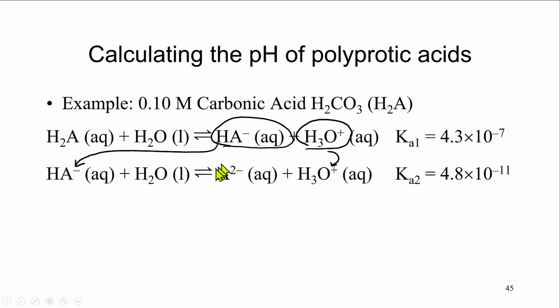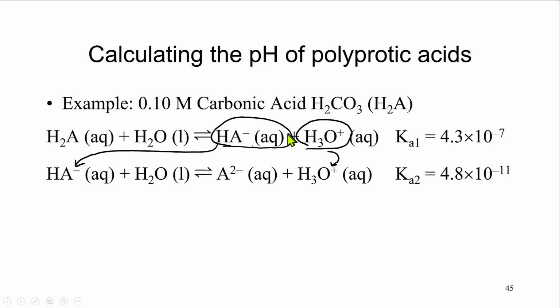In weak acid mixtures, we just started from a fresh ice table. Here, in a polyprotic acid, the product of the first reaction is the starting material for the second reaction.